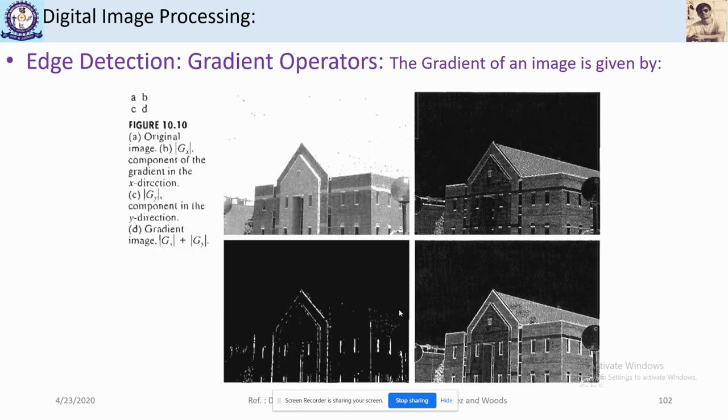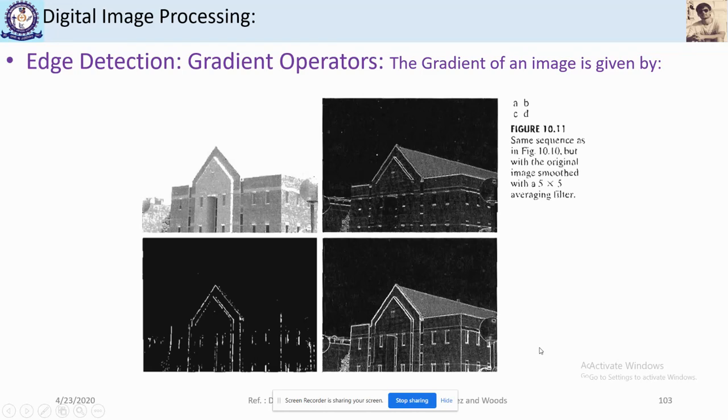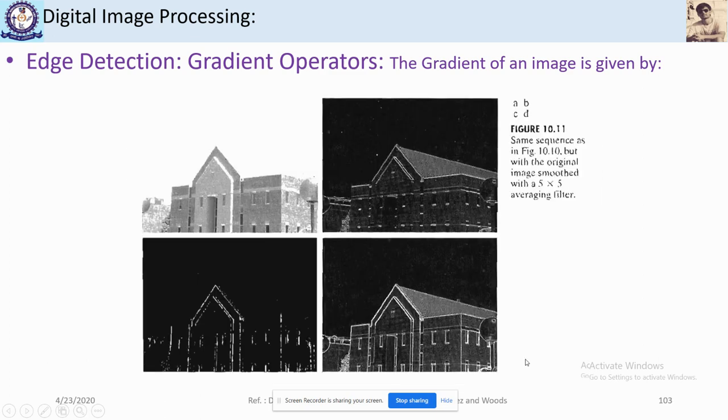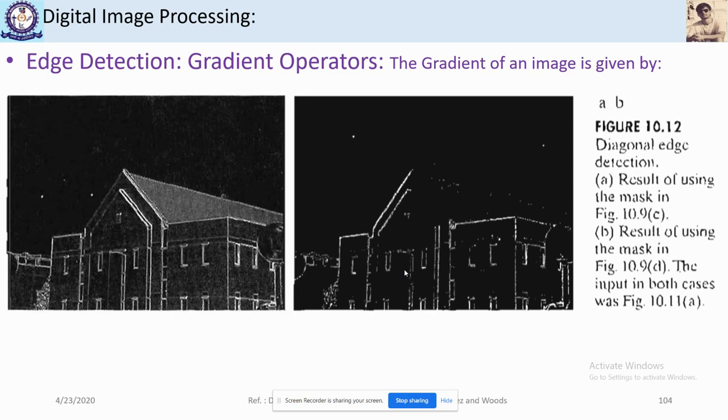Here we can see all the edges are quite strongly visible in this image, and here the edges are a little weakly visible. But what we have achieved is that these undesirable edges which were appearing due to the bricks of the wall have a little less strong response in this output image. So this is the advantage of using a smoothing filter before applying the edge detection.